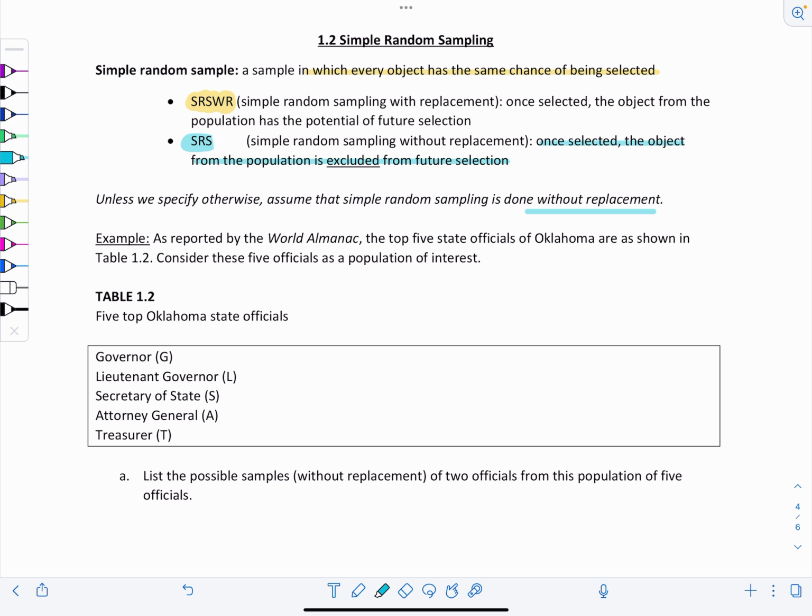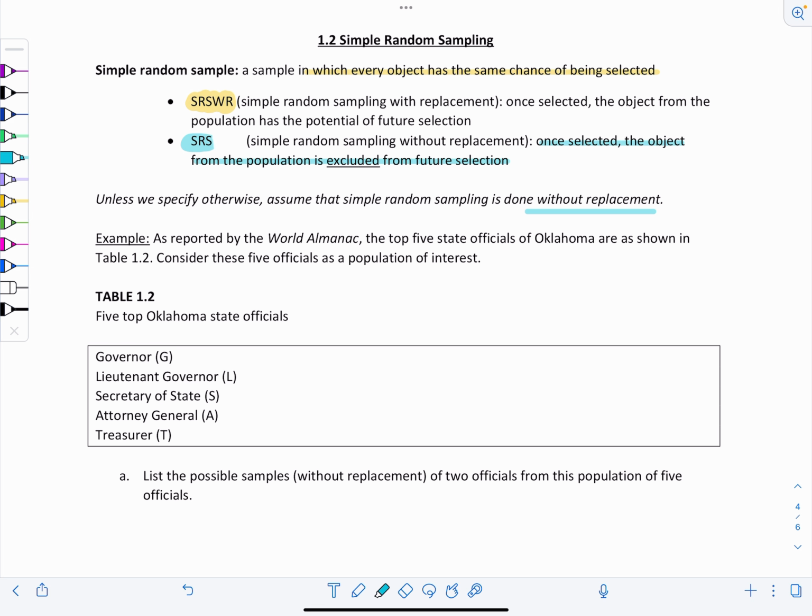As reported by the World Almanac, the top 5 state officials of Oklahoma are as shown in Table 1.2. Consider these 5 officials as a population of interest. So we talked previously about the population representing the entire data set that's of interest, right?